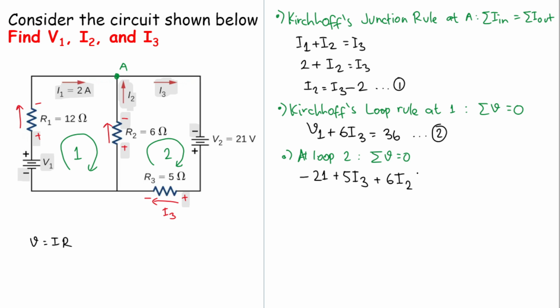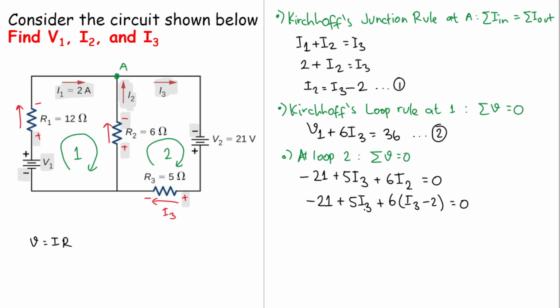Now what can we do? This all is equal to 0. Okay, now let's plug in that I2 is equal to I3 minus 2. So we will have minus 21 plus 5I3 plus 6, and then multiplied by I3 minus 2. All of that will equal to 0.